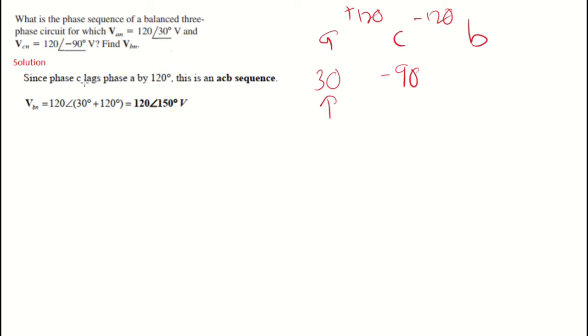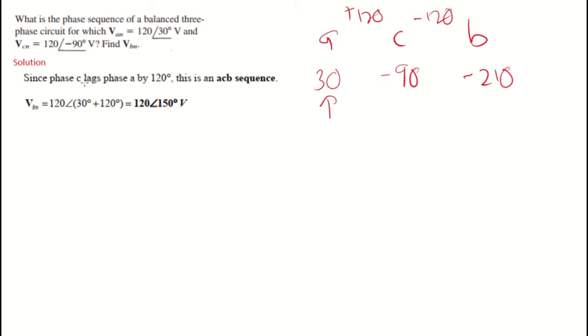So minus 90 plus 120 degree and minus 120 degree, you will get minus 210.